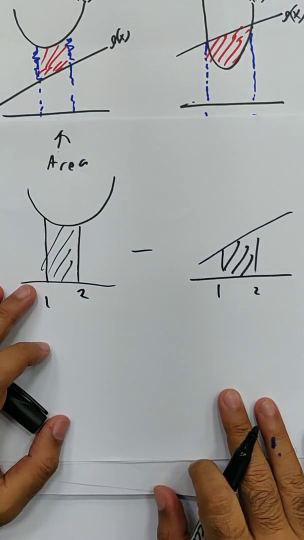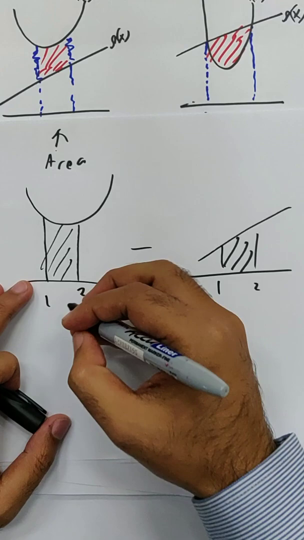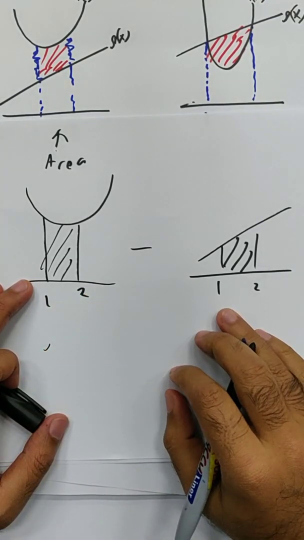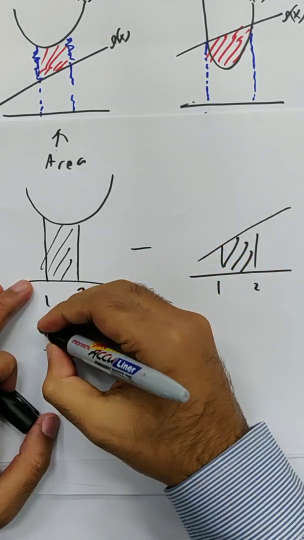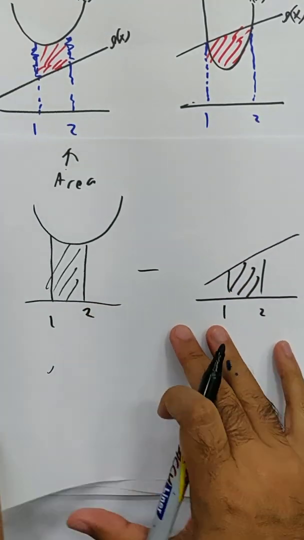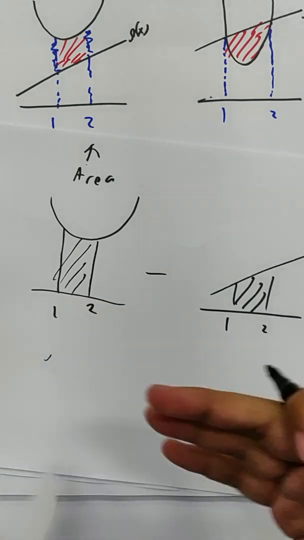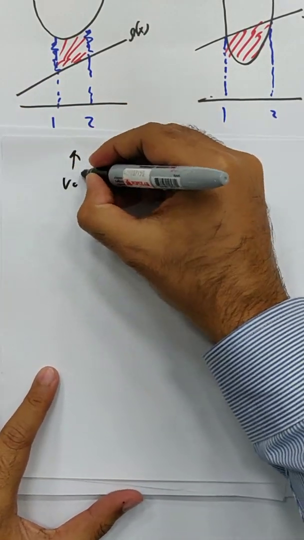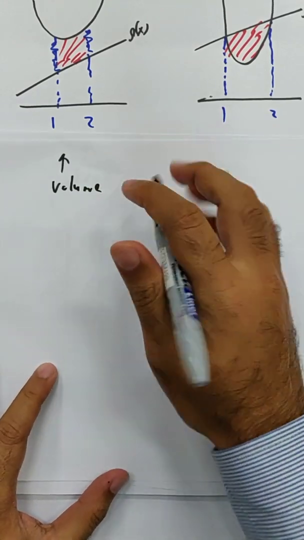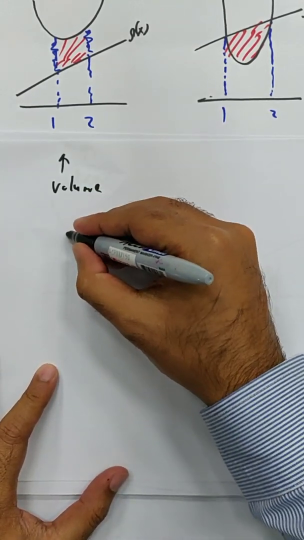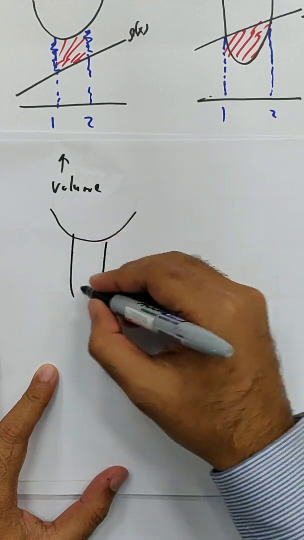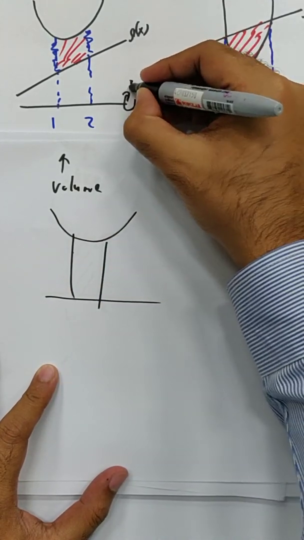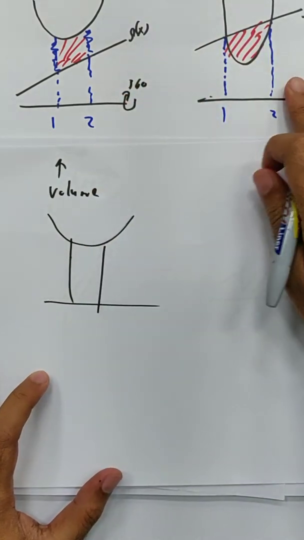Right? Well, for the volume, let's do one by one. For the volume, I'll do sort of the same thing. Let's say the volume means we are rotating by 360 over here.